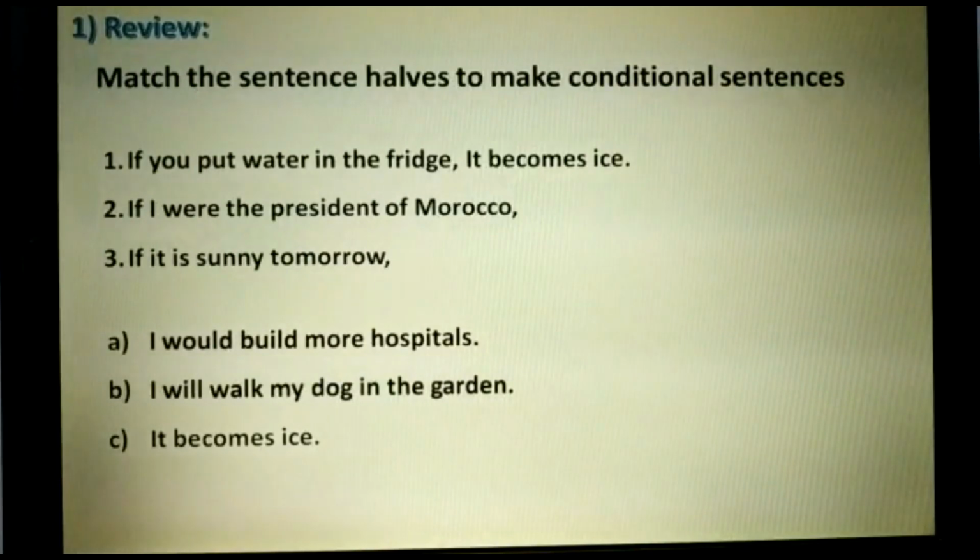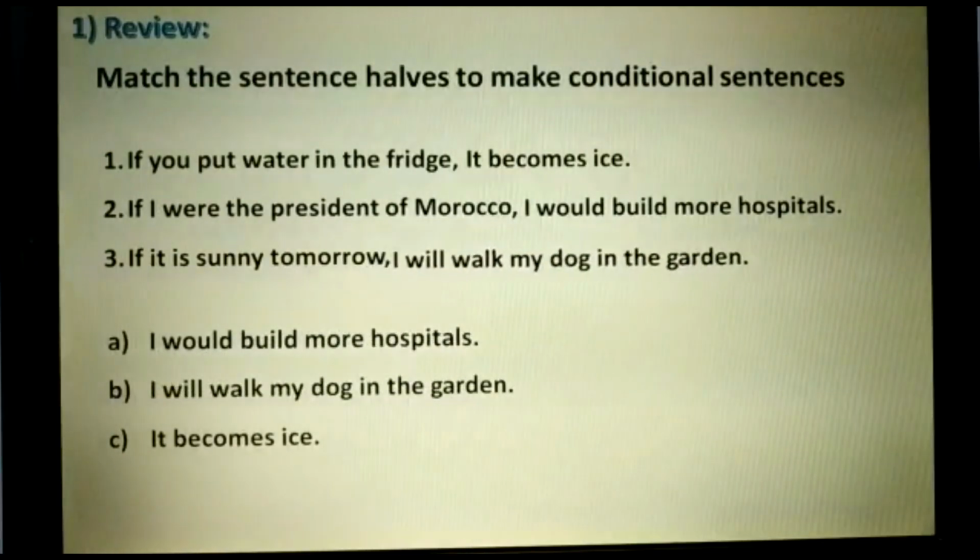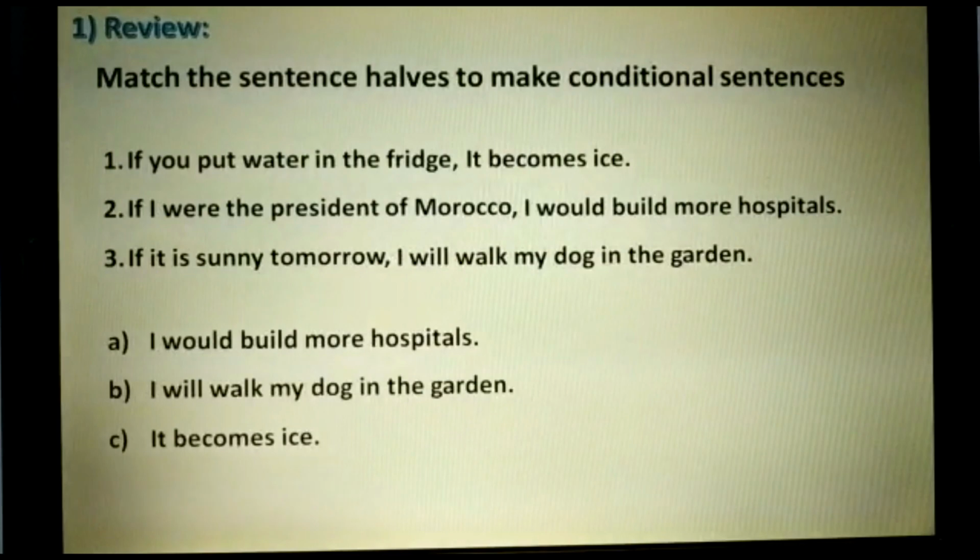If you put water in the fridge, it becomes ice. 2. If I were the president of Morocco, what would I do? I would build more hospitals. 3. If it is sunny tomorrow, what will I do? I will walk my dog in the garden.